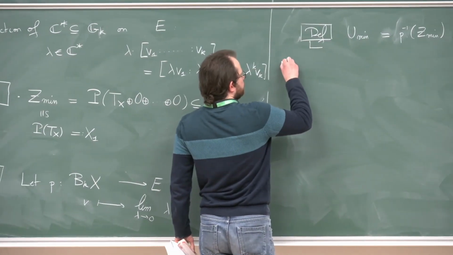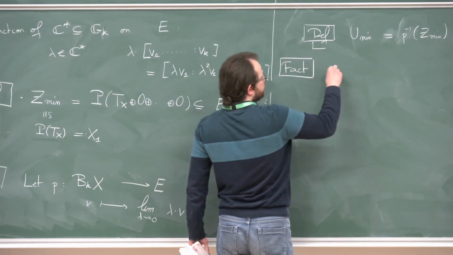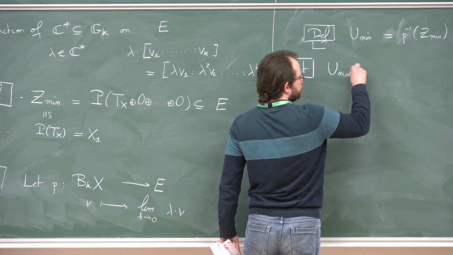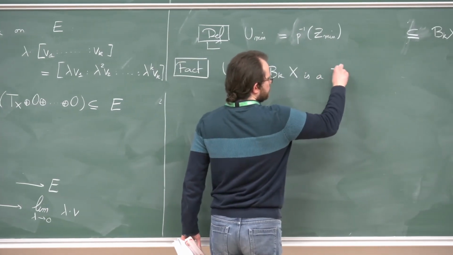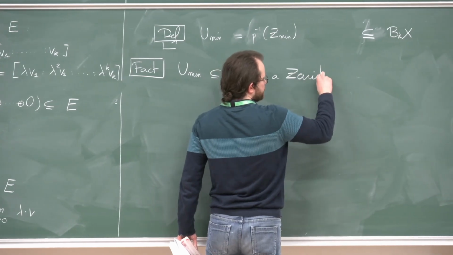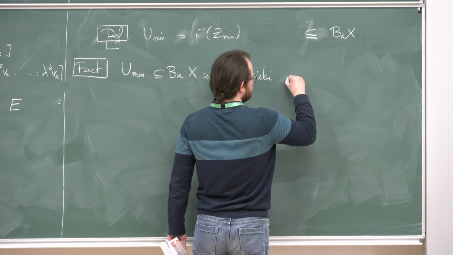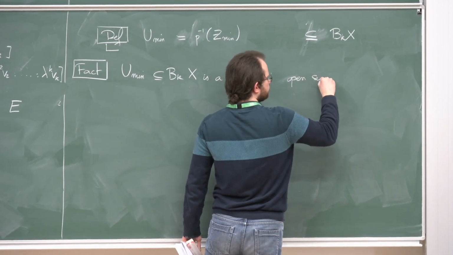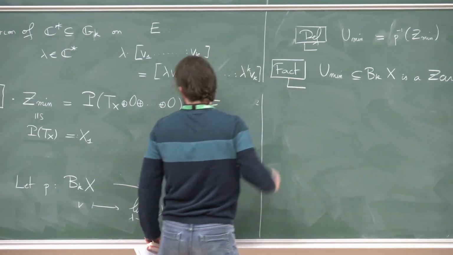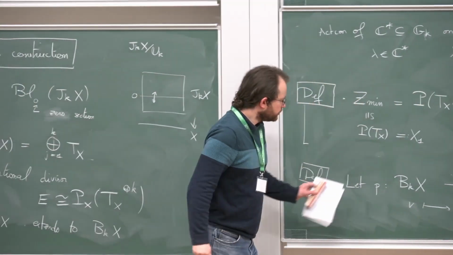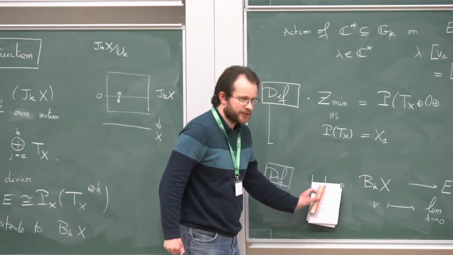So, fact: maybe it's not obvious here, but U_min inside B_K X is a Zariski open set. I'm going to give a few details because you will see it's very easy, but it will allow us to fix the ideas a little bit. So to prove that, I will express this morphism P in coordinates.